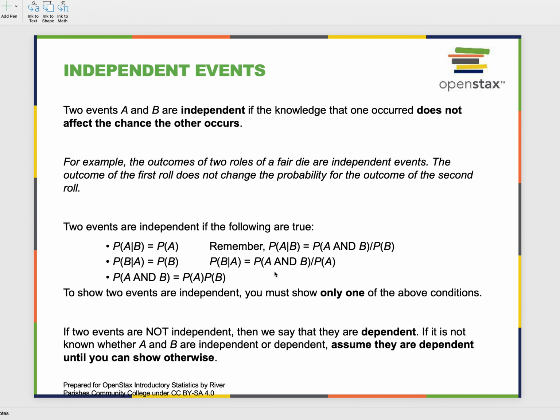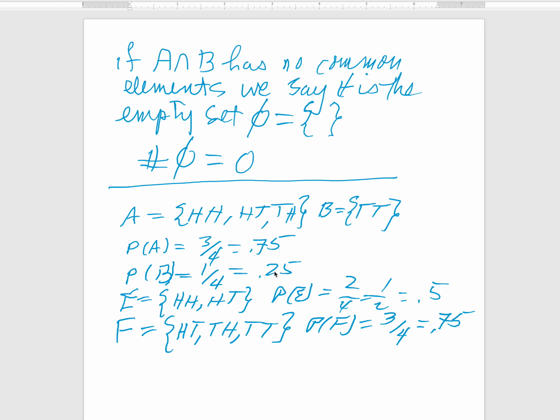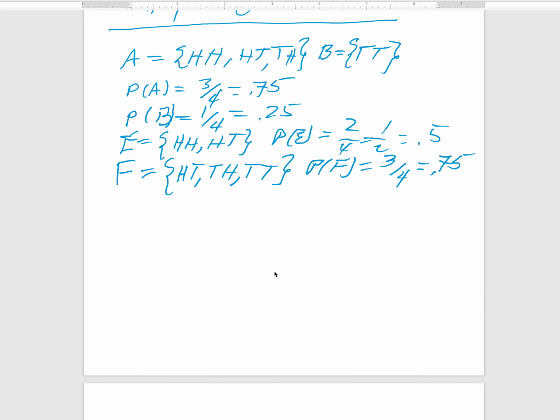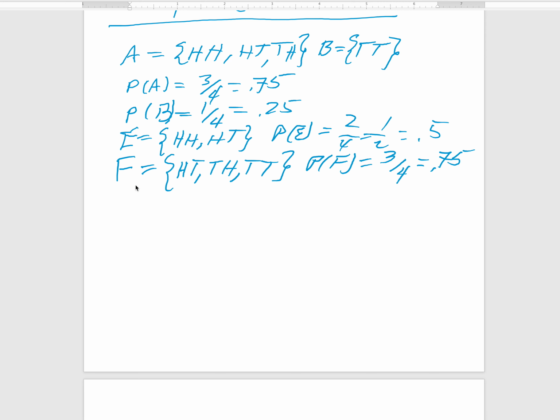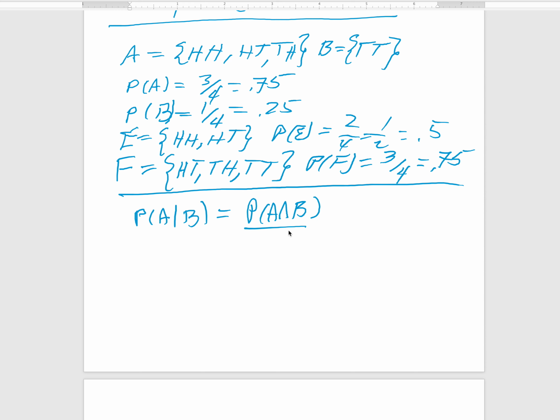Well, basically it becomes this. Let's advance this page a little bit. Draw a line here. What do we say? The probability of A given B equals the probability of A and B divided by the probability of B.